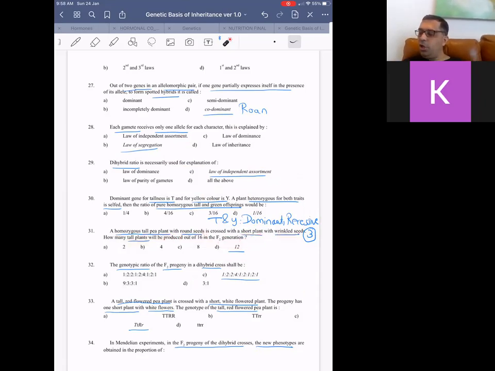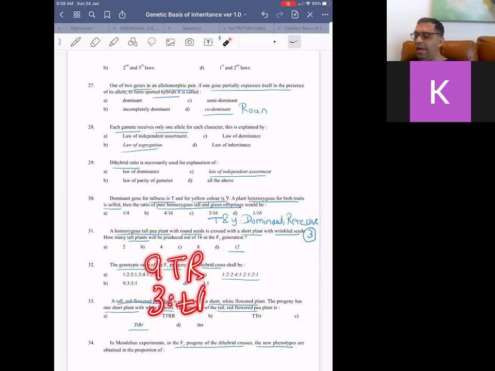In the F2 generation you will get 9 tall and round. You will get 3 dwarf and round. You will get 3 tall and wrinkled, and you will get 1 dwarf and wrinkled.